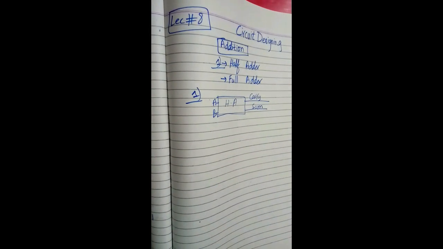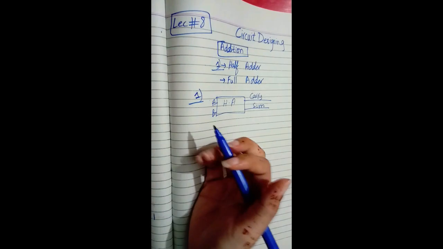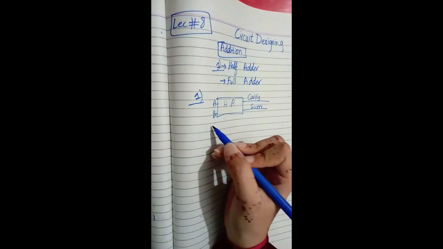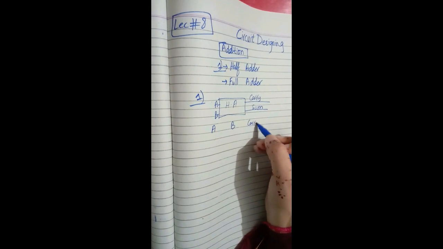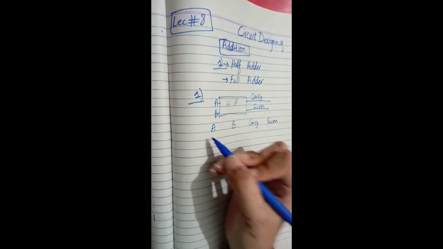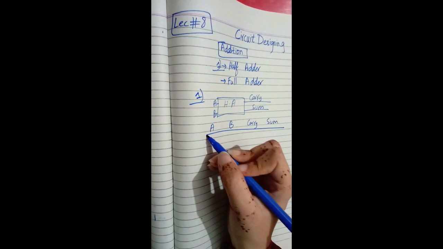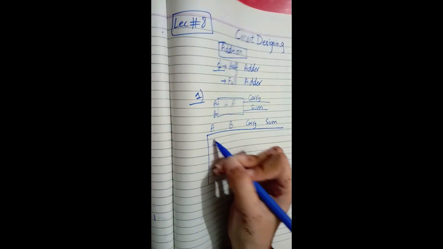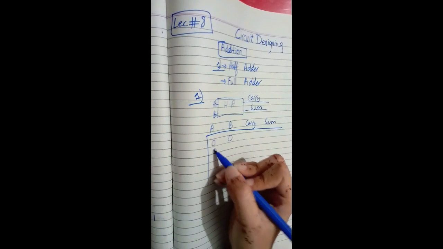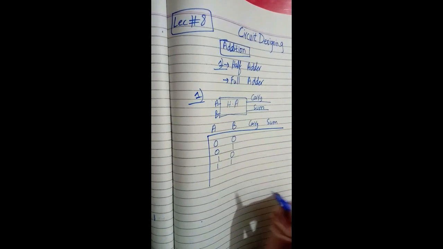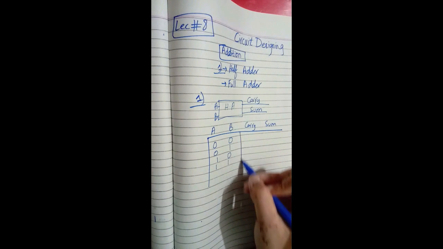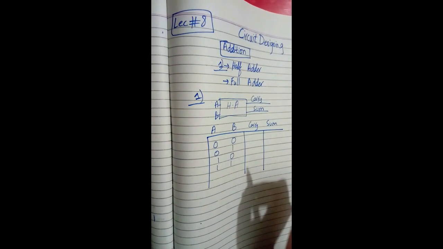This is related to the simple addition we do in maths. So A, B, carry, sum. 0, 0, 0, 1, 1, 0, 1, 1. Now we will add them and we will have our results carry and sum.